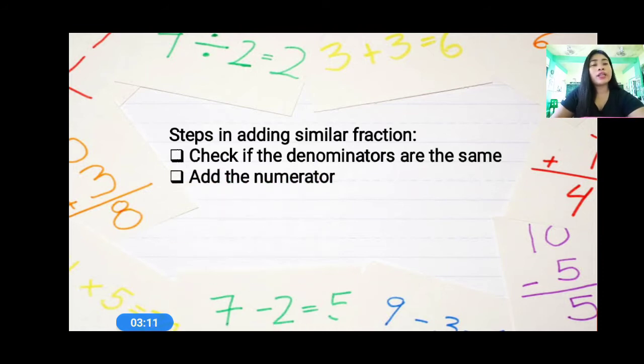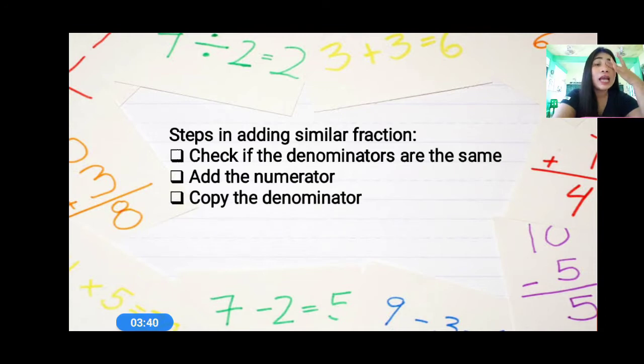Then, if they are the same, add the numerators. So what's the next step? Add the numerators. What's the numerator, teacher? The number at the top. There's a number at the top and at the bottom. The numerator is at the top and at the bottom is the denominator. Do you understand me? Very good.